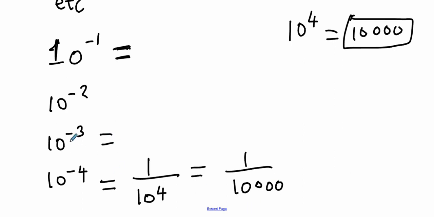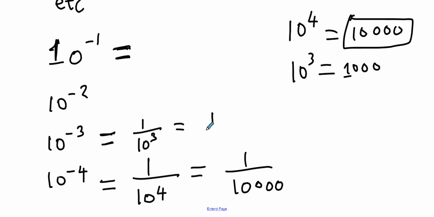Likewise, 10 power negative 3. 10 power 3 is 10 times 10 times 10, which is 1,000. When it is 10 power negative 3, that is the reciprocal of the positive power. So 10 power negative 3 is the same as 1 over 10 power 3, which is 1 over 1,000.